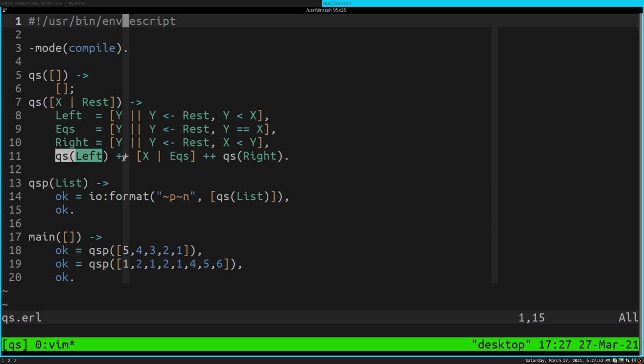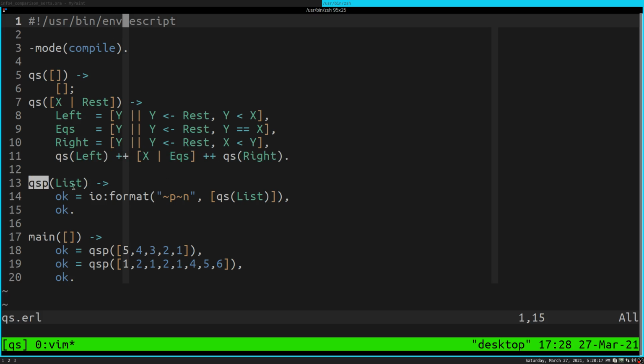Eq is y such that y is from rest and y is equal to x. Left is y such that y is from rest and y is less than x. Right is y such that y is from rest and x is less than y. Quicksort the left, plus everything equal to me, plus quicksort the right.